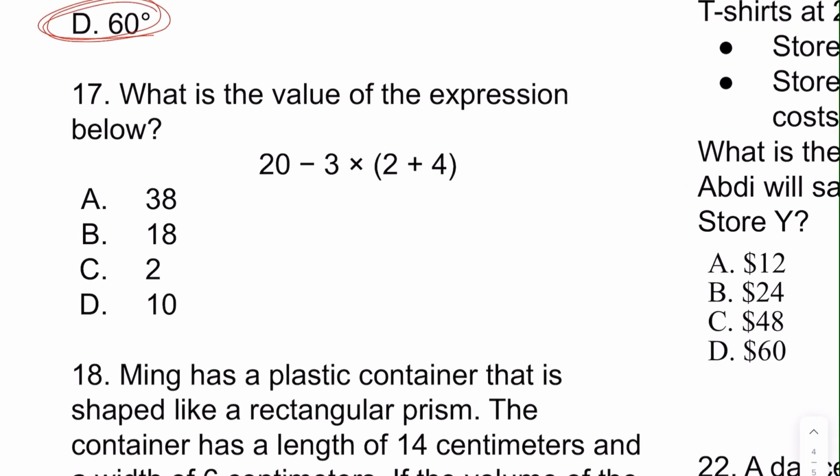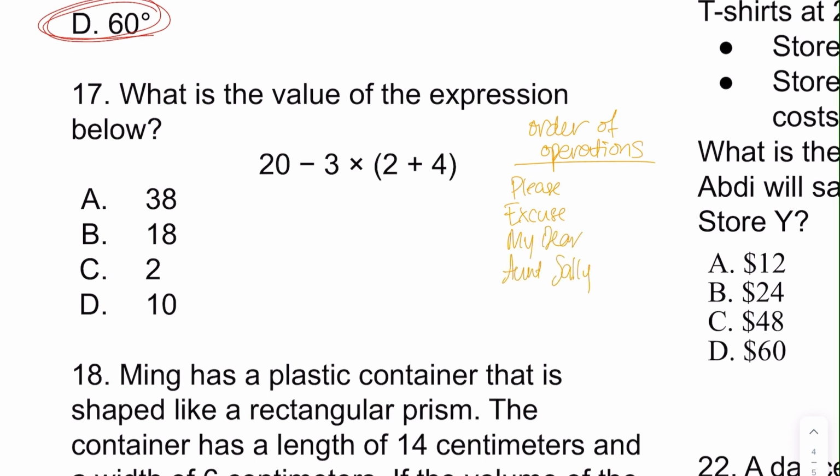Next one, number 17. What is the value of the expression below? So here for this expression, notice you have multiple operations. You have to do the order of operations. It tells you which order you have to do these operations. You can remember that phrase, please excuse my dear Aunt Sally.